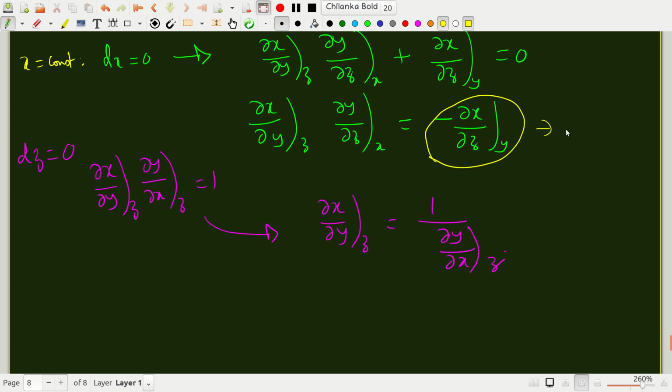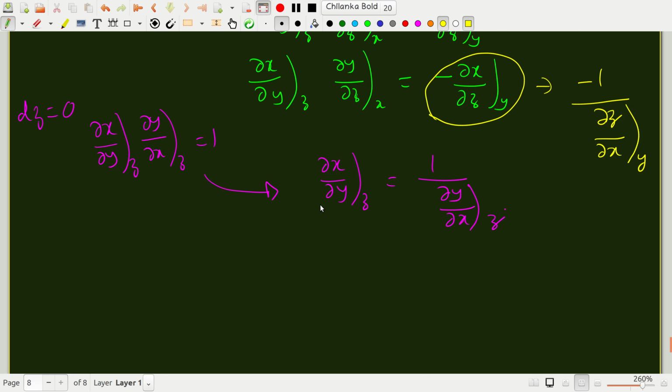Okay, now if I look at this expression, I can rewrite this as minus 1 over, using this relation, a similar relation rather, partial z partial x at constant y. I can just flip these variables. Instead of y and x, I can put z and x, and then y becomes constant, and so on.